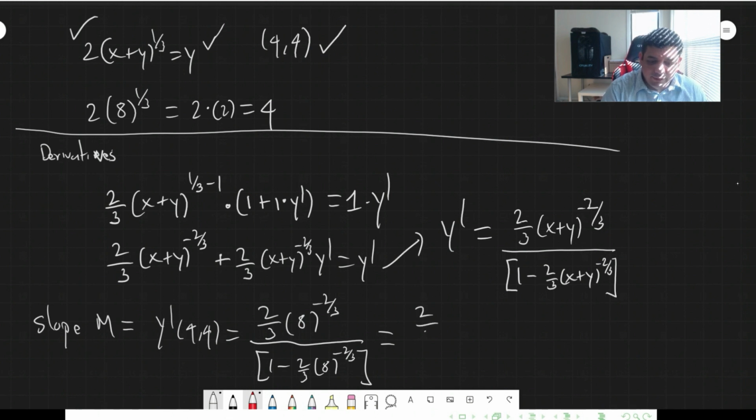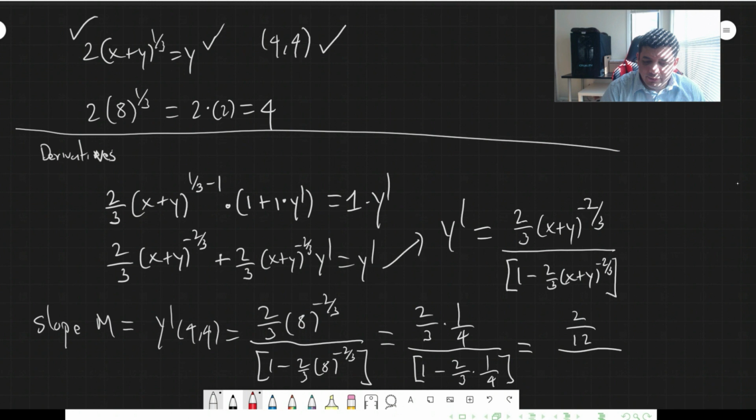So this is 2/3, and 2 to the minus 2 is just 1/4. And so this is 2/12 on the top, and on the bottom it's going to be 10/12. And if we simplify, this is going to be 2/10, which is 1/5. Okay, and so that's the slope of the tangent line.